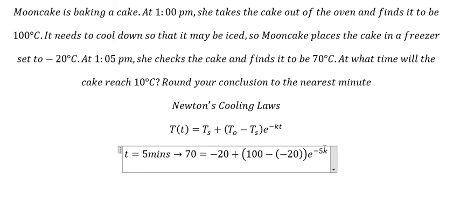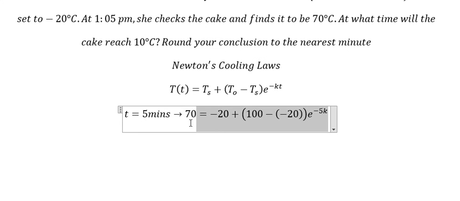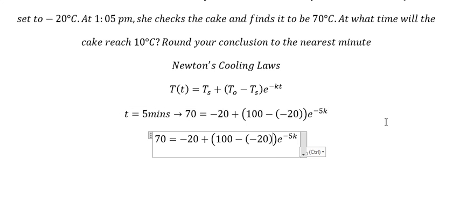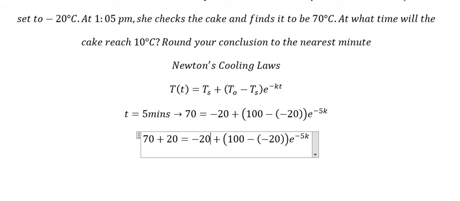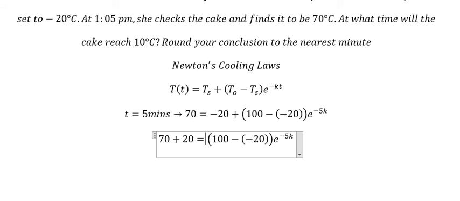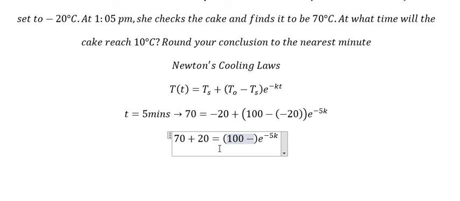Now we need to find the rate of this one. Negative 20 we put on the left, you got positive 20. 100 minus negative 20, you got 120.